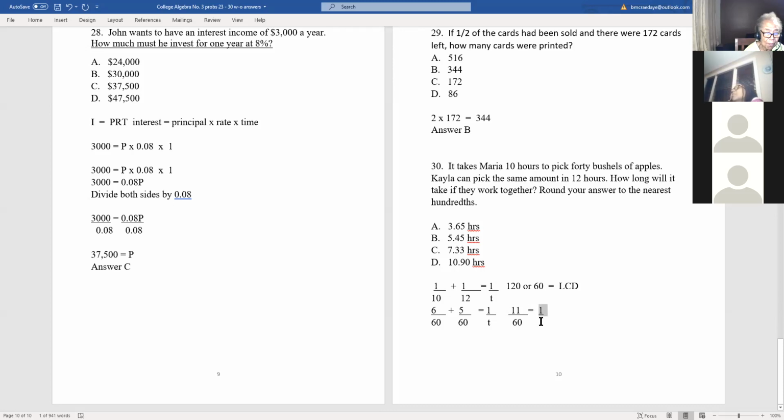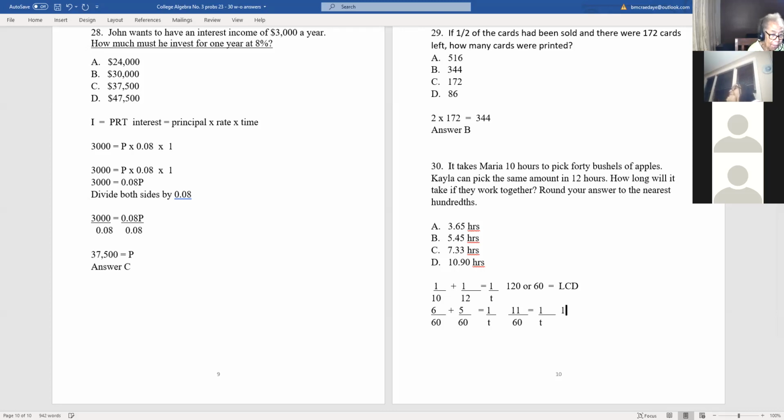Now you could cross multiply, right? So you'll get 11t. Now I didn't want to go to the next one. Okay, so let me just do this.